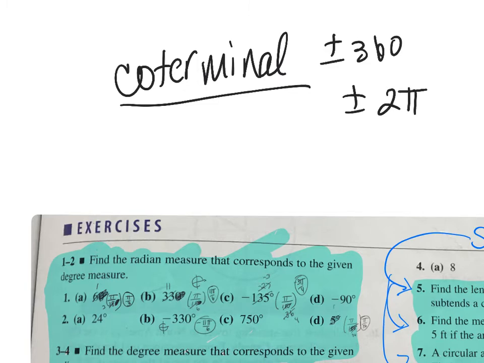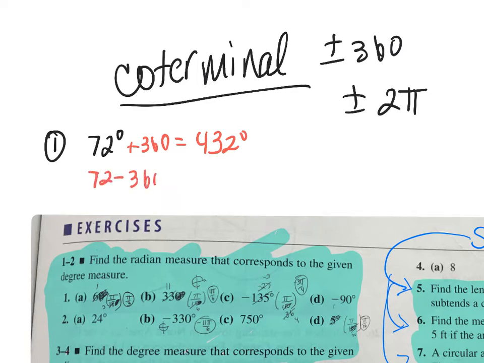So if I want a positive and a negative coterminal angle for 72 degrees, how would I find a positive coterminal angle? What would I do? I'm going to add 360. What is 72 plus 360? 432 degrees.